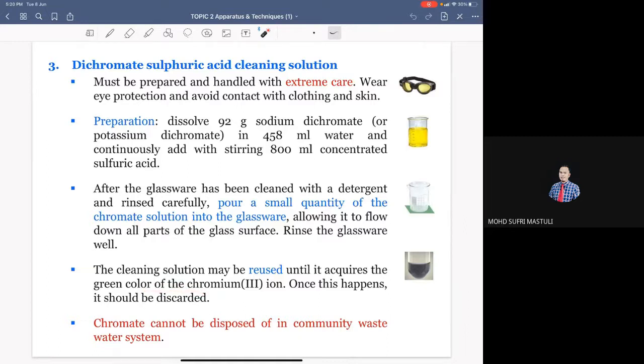Once the green color appears, this cleaning solution should be discarded. However, you are not allowed to dispose of this chromate waste solution into the community wastewater system because it contains a heavy metal, which is chromium.